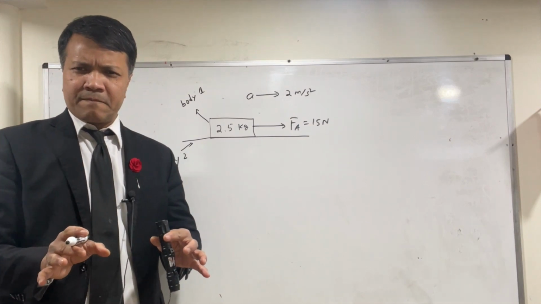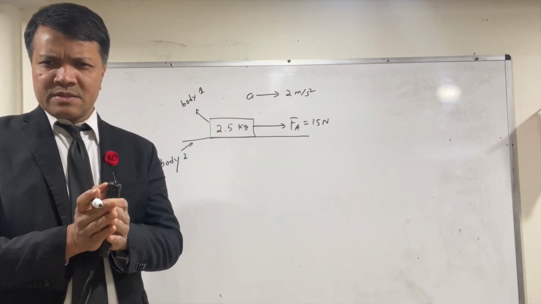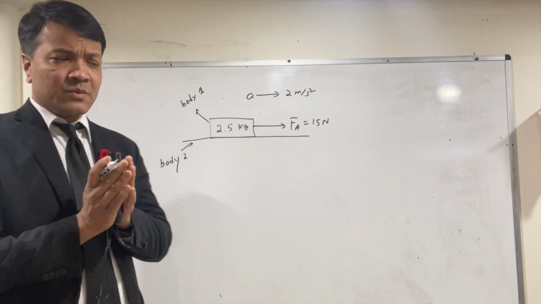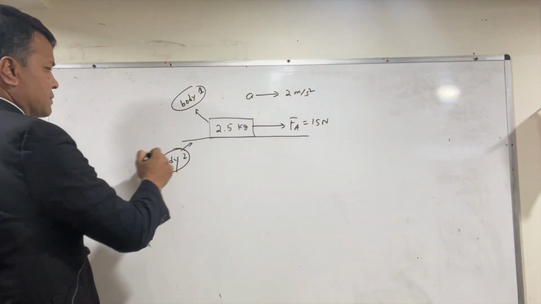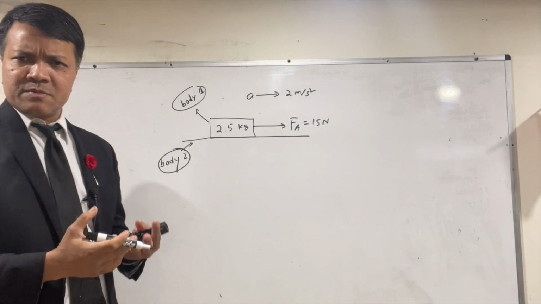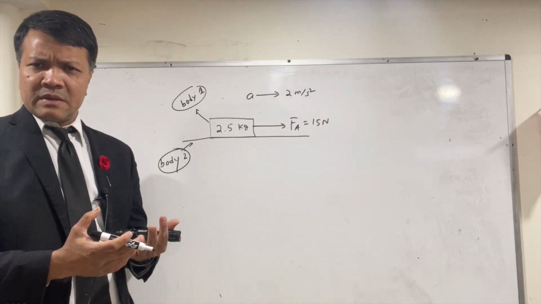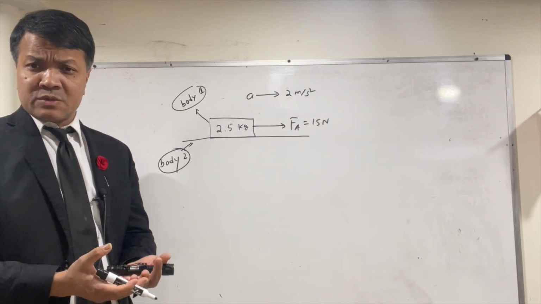That's fine. The problem is, how can you find the force of friction without knowing body 1 and body 2? You don't know them. So you probably think it is an impossible task to overcome.